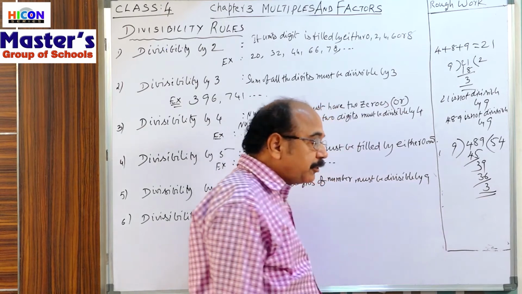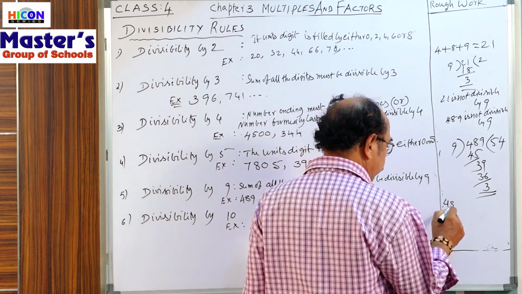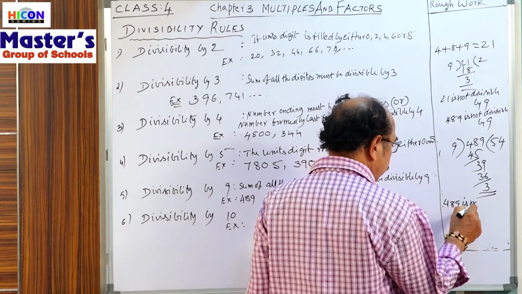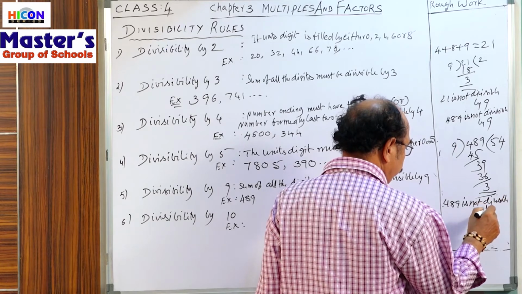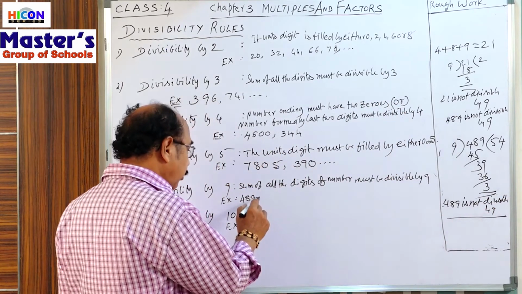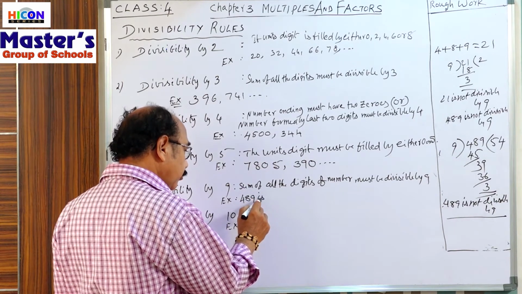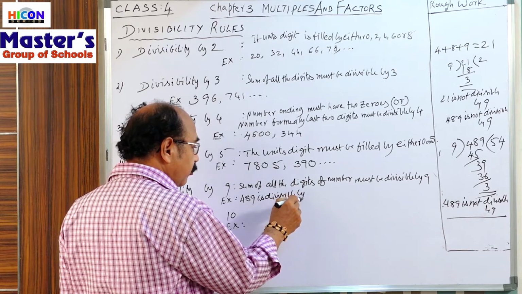So, is this divisible by 9? Not divisible by 9. So, 489 is not divisible by 9, okay, children.